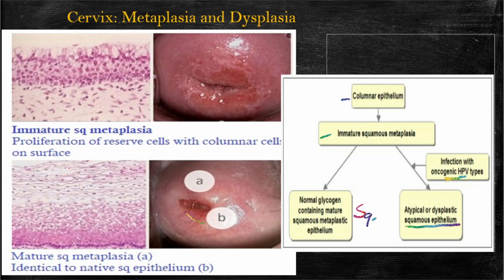So you can see here the difference between, on the bottom histologic slide, the mature metaplasia has more of this look of that stratification, and the immature does have this cell stacking, so it's not just that single layer of the columnar epithelium, but if you look, there's not as much loss of the nucleus here, so the nuclear cytoplasmic ratio is higher as it's transitioning from this immature down into the mature.